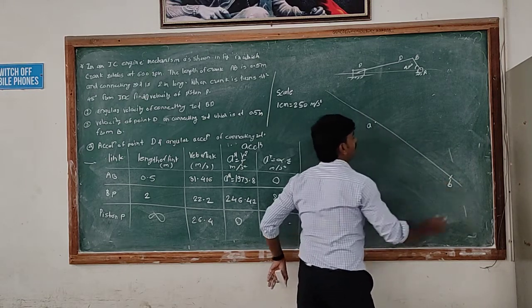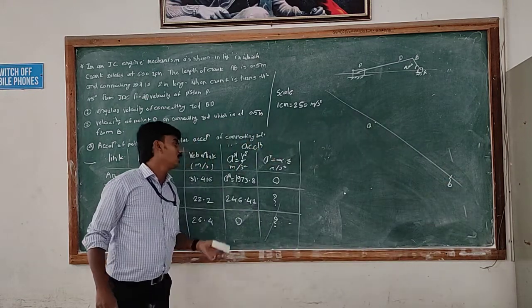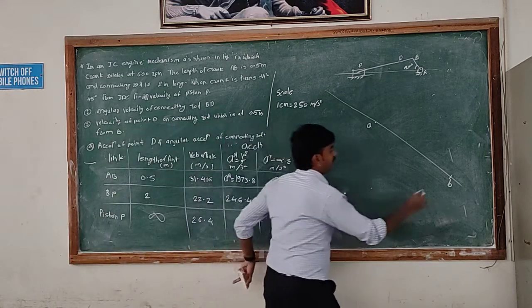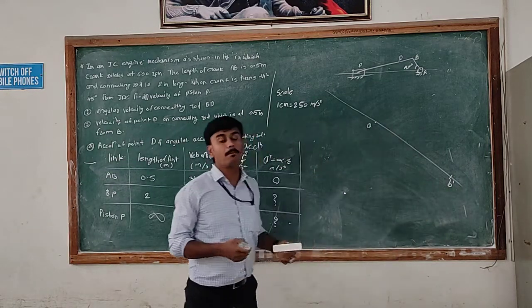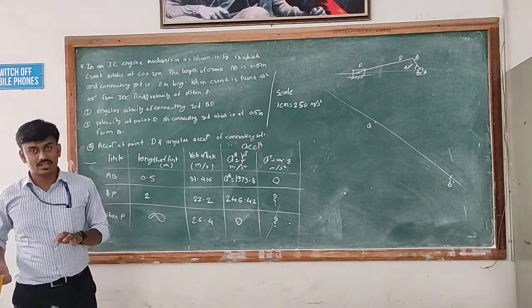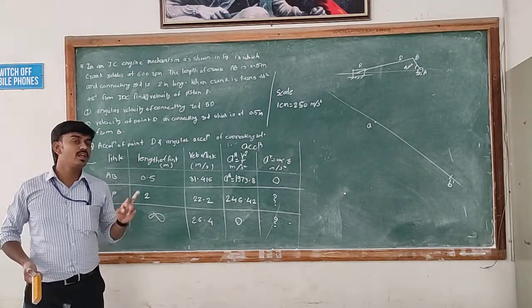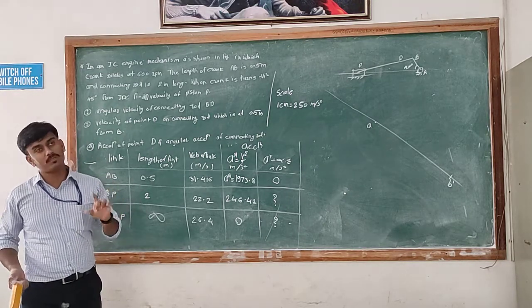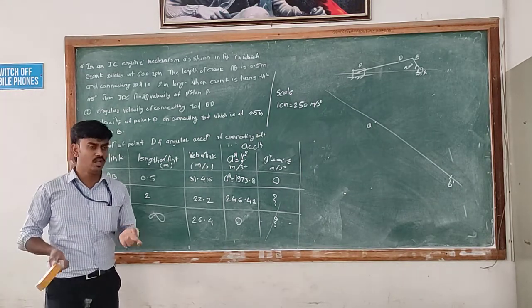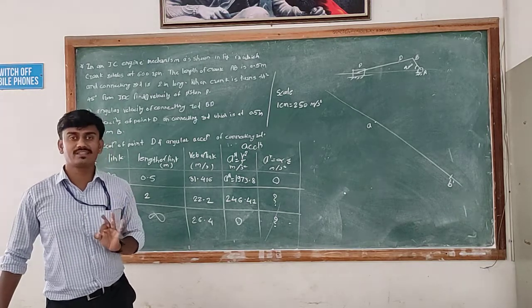Sorry, it's not B, it becomes B dash. B is the total acceleration of the link. We have to find the tangential and normal components, and then we can convert it into the overall acceleration of the link.